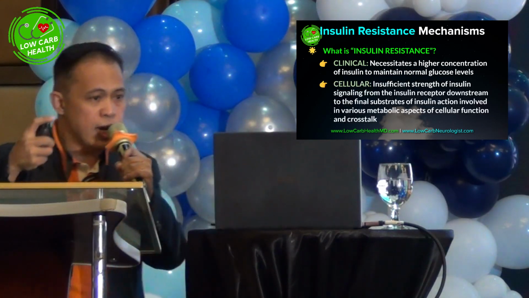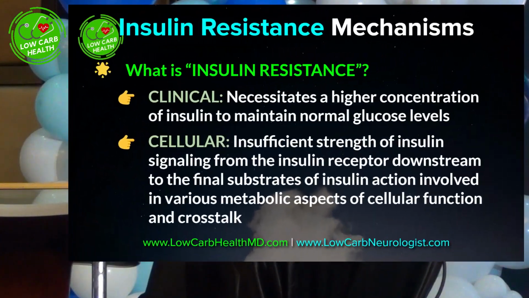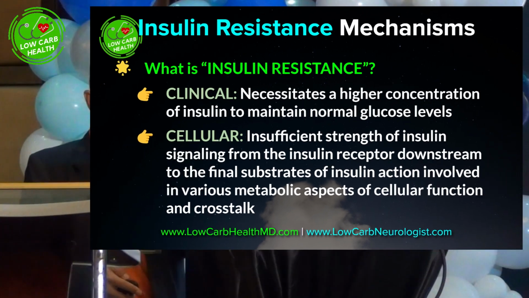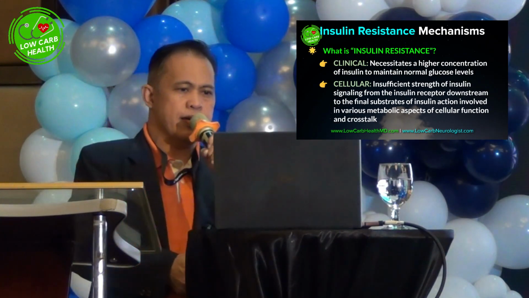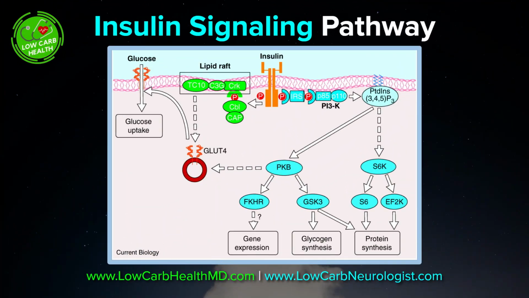At the cellular level, insulin is exerting insufficient strength. That's why glucose levels tend to go higher, because the signaling in the insulin receptor downstream has a defect, okay, or there's a problem somewhere. So, for example, I'd like to show this briefly. This is the insulin receptor, or the insulin receptor tyrosine kinase, IRTK.